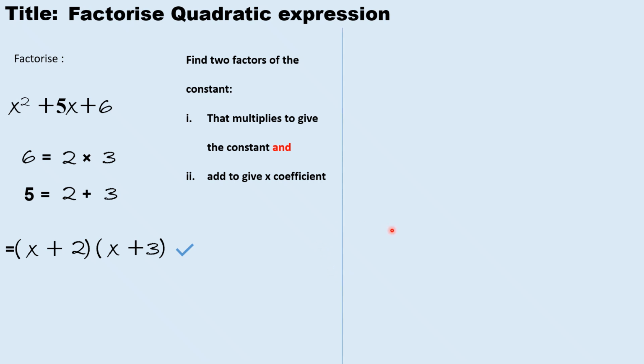Okay, how about trying this question on the right? Factorize fully. You can pause the video and have a go. Okay, let's start. Let's factorize. Remember, factorize fully. We need to have double brackets. And to check your answer here, x multiplied by x is x squared. And we need two factors of 20 that multiply to give you 20 and add to give you 9.